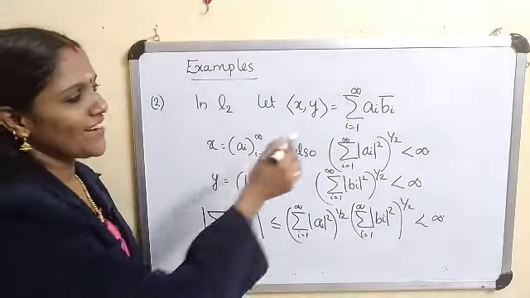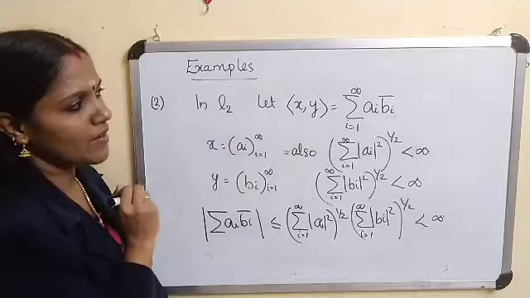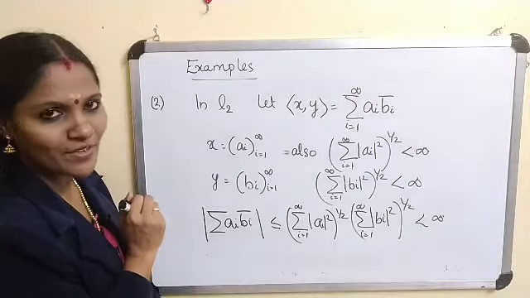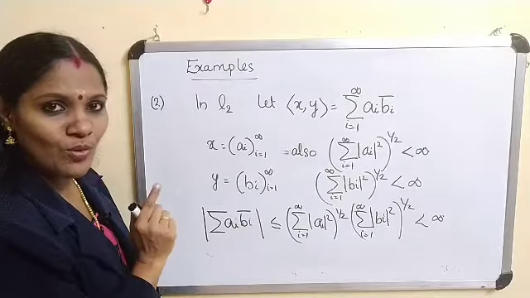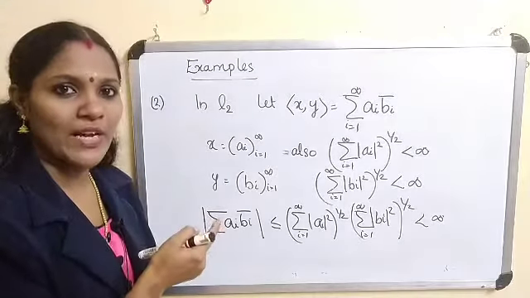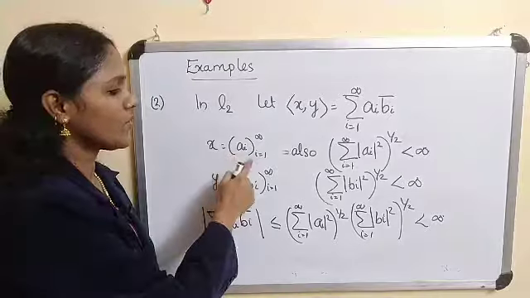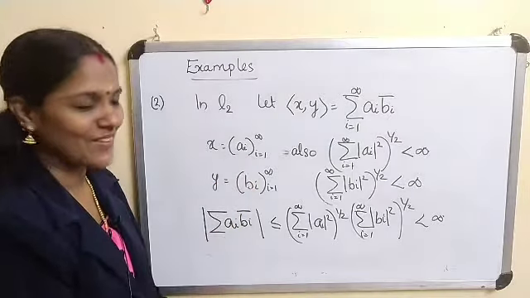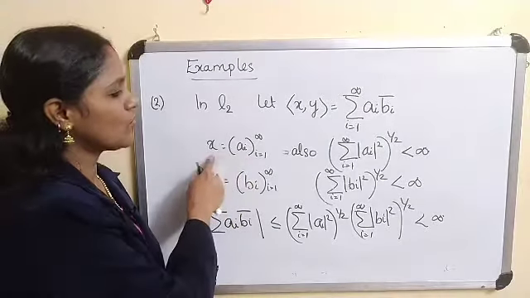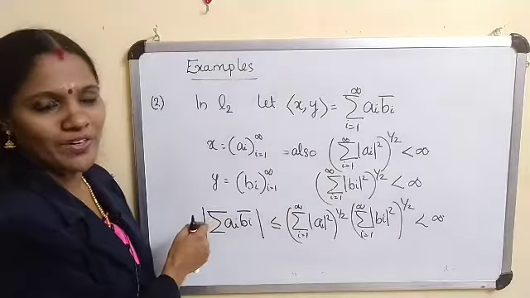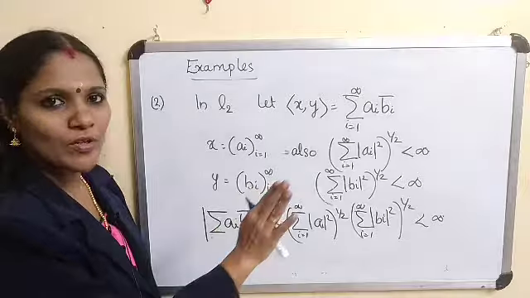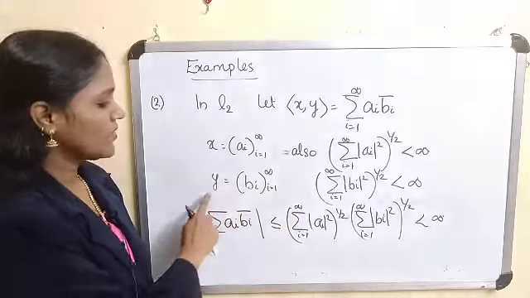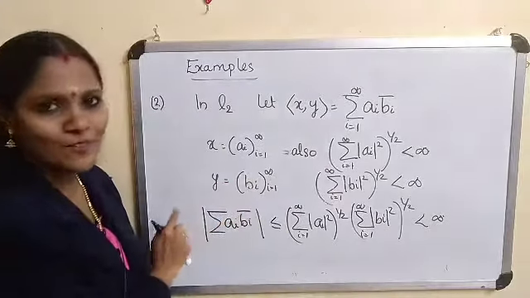Here x and y belong to L2. If x belongs to L2, then x is equal to the sequence ai, i equal to 1 to infinity, and this condition holds: sigma i equal to 1 to infinity ai square, whole raised to 1 by 2, must be clearly less than infinity. Similarly in the case of y also.